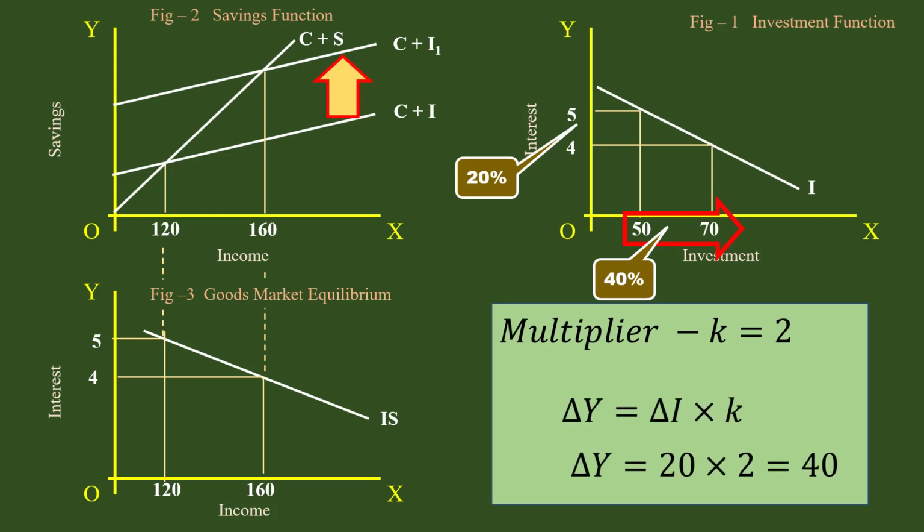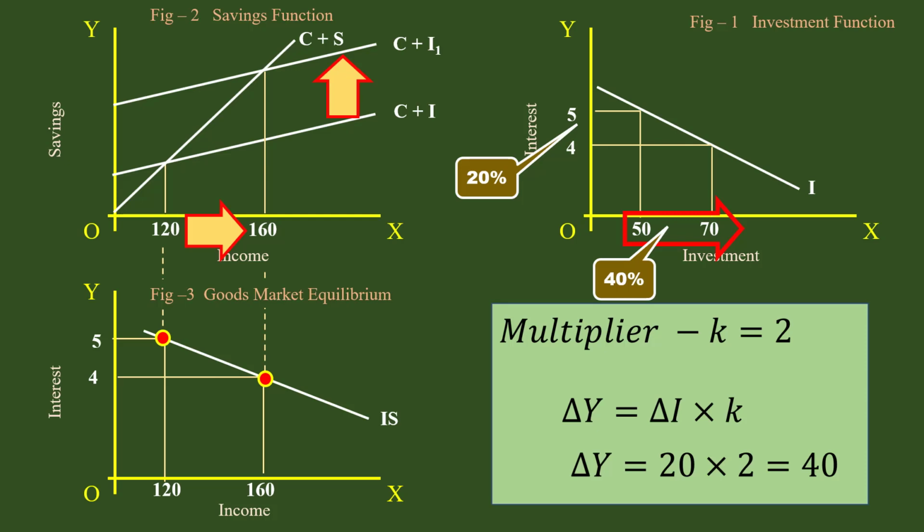Initial income 120 rupees increases multiplier times increase in investment, 2 times 20, 40 rupees. New income is 120 plus 40, 160 rupees.